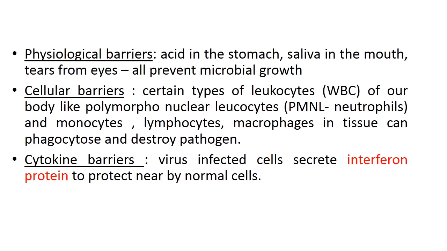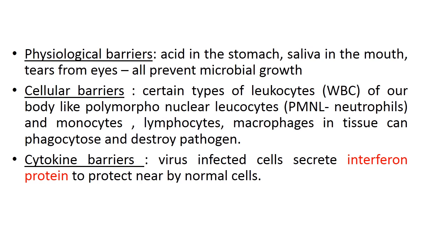And the third type of barrier is cellular barriers. Certain cells in our body act as a barrier. That means they check the growth of pathogens, so they are called cellular barriers. In the blood, WBCs are present, that means leukocytic cells. In the leukocytes, there are a number of types. They are very helpful to destroy a number of pathogens.